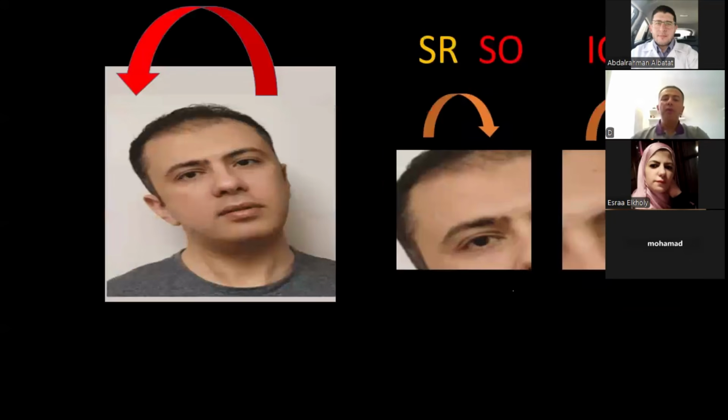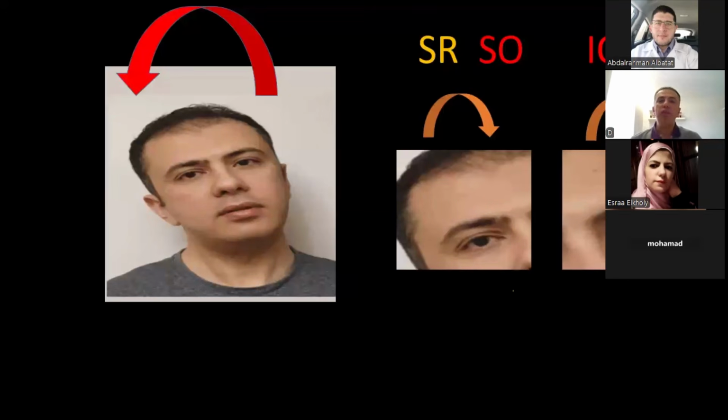But if you look again, what is the relation between the superior rectus and superior oblique? They are both intorters. So what are the other actions you know about them? The right eye will be intorted by the effect of the superior rectus and superior oblique, but the superior rectus is an elevator and the superior oblique is a depressor. So the right eye will be intorted by the superior rectus, which causes intorsion and elevation, and by the superior oblique, which causes intorsion and depression.